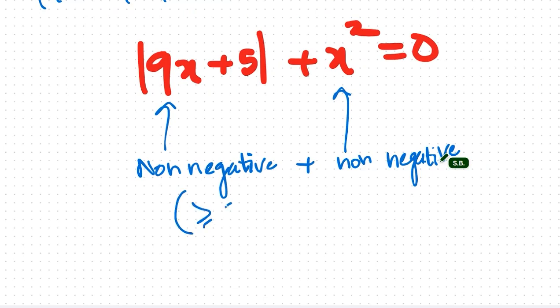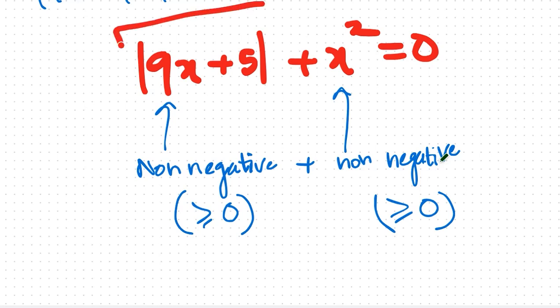Non-negative means greater than or equal to 0. So the value of this entity will be either 0 or a number which is greater than 0. Same goes for this. The value of this is either 0 or greater than 0. It can never be negative. Both of them can never be negative, correct?